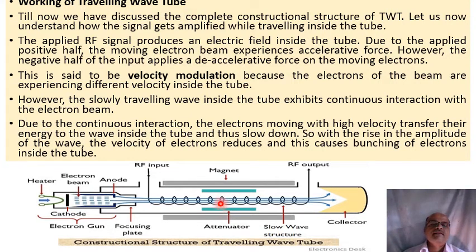And in this bunching effect, the electrons give their energy to the RF field, that is, the high velocity electrons transfer their energy to the wave inside the tube and thus slow down. The electron beam interacts with this RF field, bunching effect occurs, and we'll get the amplified RF output from this side.